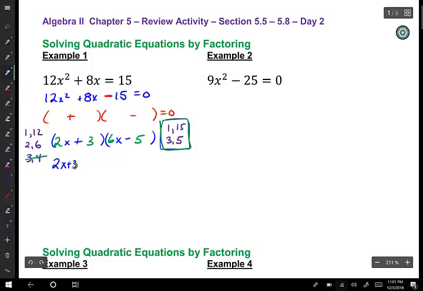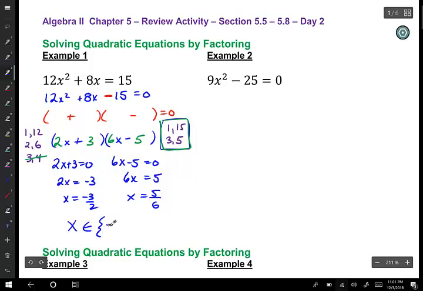So 2x plus 3 equals 0, 6x minus 5 equals 0. So I solve that. 2x equals negative 3, 6x equals 5, so x equals negative 3 halves, x equals positive 5/6. I could write this in solution set notation. x is a member of the set of numbers negative 3 halves and 5/6.